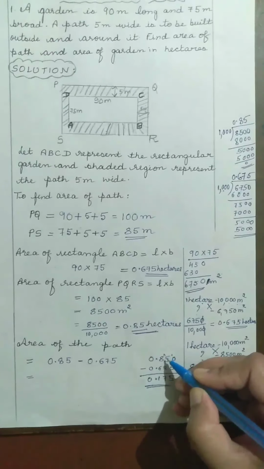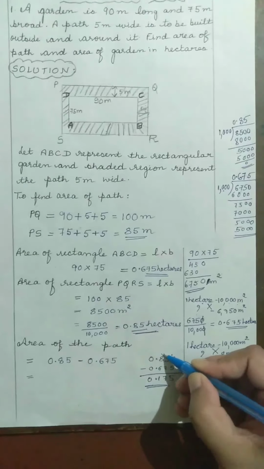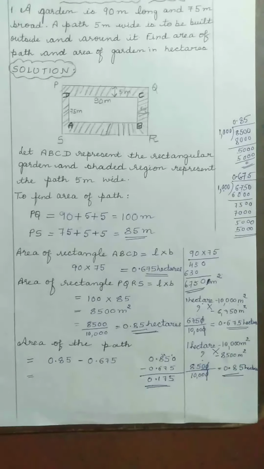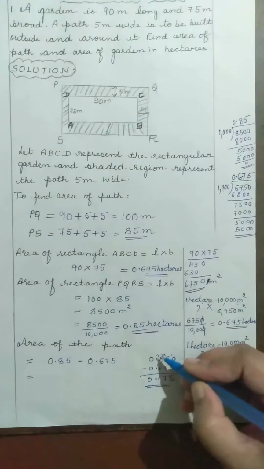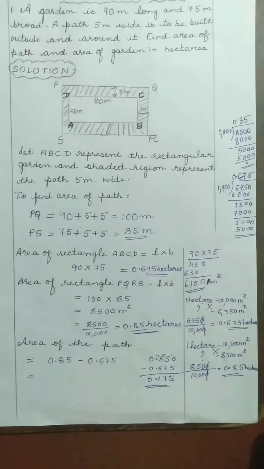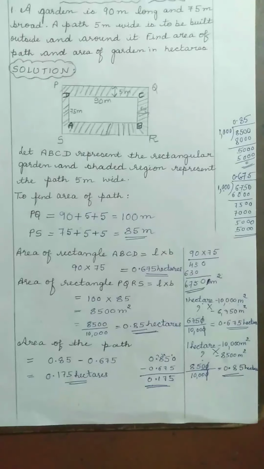Here it will be 4. 4 is less. So again borrow, it will be 14. So 14 minus 7, it will be equal to 7. Then here it will be 7. So 7 minus 6, it is 1, 0 minus 0, it is 0. Therefore, the area of the path is equal to 0.175 hectares is the answer.